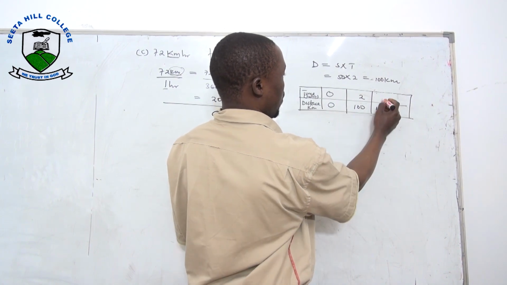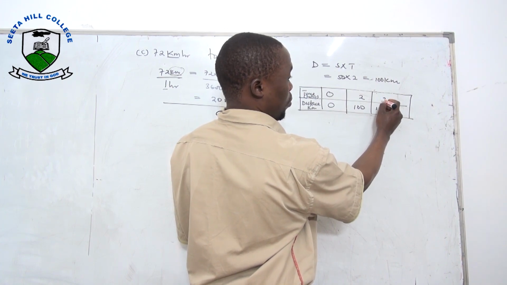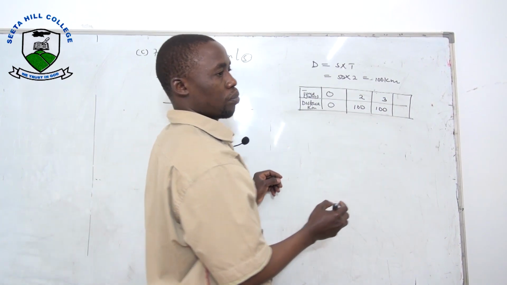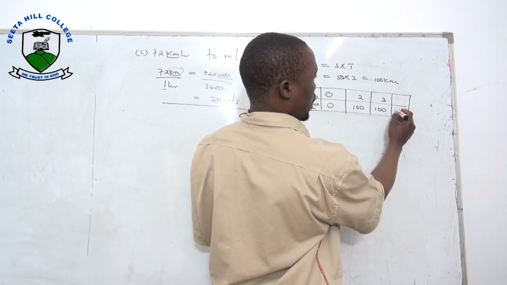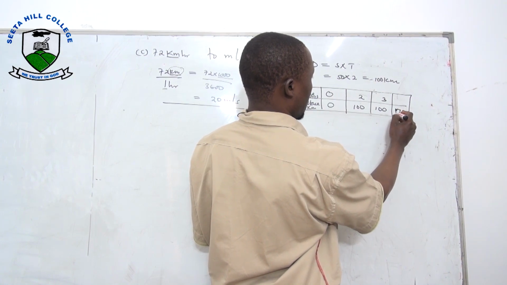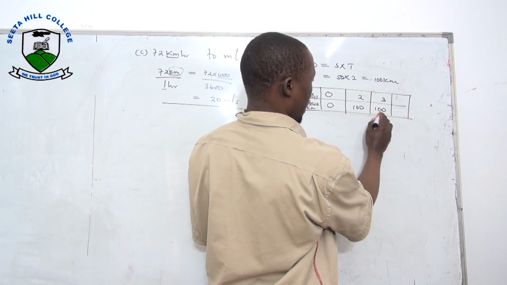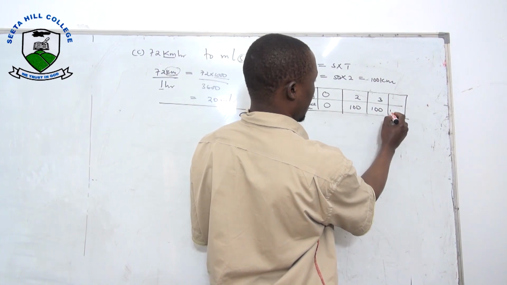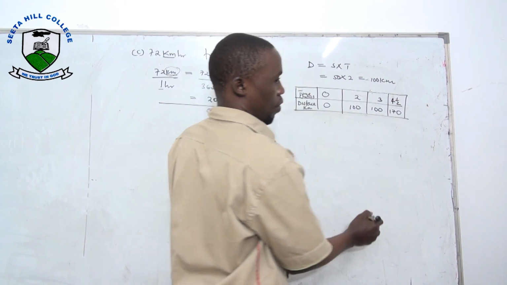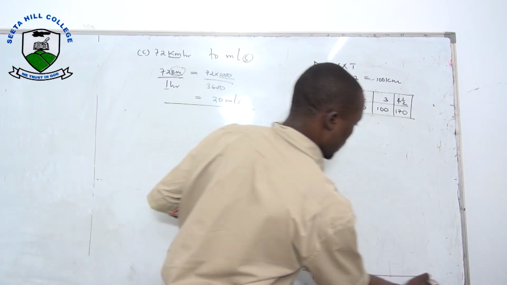What time is that? After 1 hour, that is 3. Now then finishes with what? That's reaching a total distance of 100 plus 70, 170, not so? At 4.5 hours. Okay, that means right away go to your graph and do that.